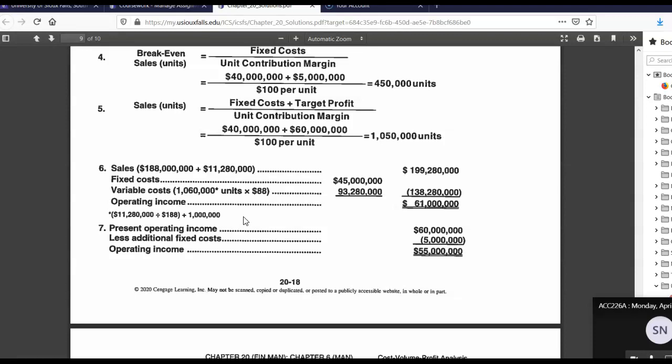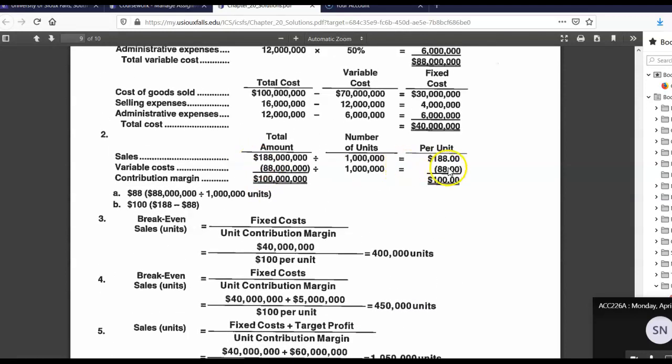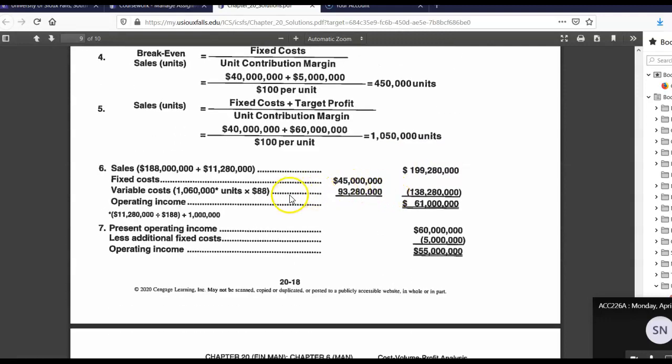Well, now we need to calculate our variable costs. What is our variable costs? Well, we knew that our unit variable cost right there was 88 bucks, right? We've calculated that right here. 88 bucks for our variable costs. That stays the same. We were doing a million units, but we got to figure out how many units this is.